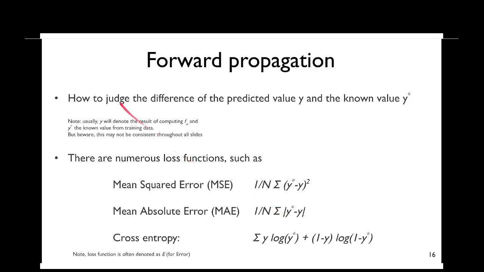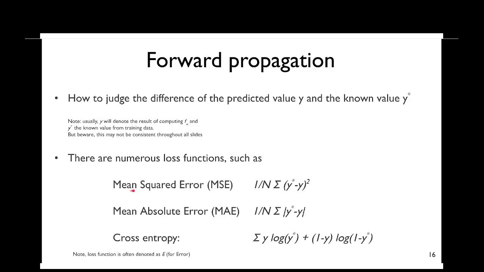So how can we judge the difference between the values that the neural network predicts and the known values? So for the MNIST example, we knew that it's a 5, and so if the network produces 5, that's good. So how can we quantify this? There are numerous loss functions that measure the difference between the predicted output and the real output.